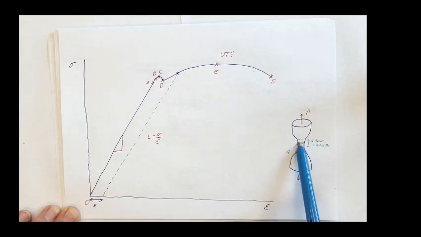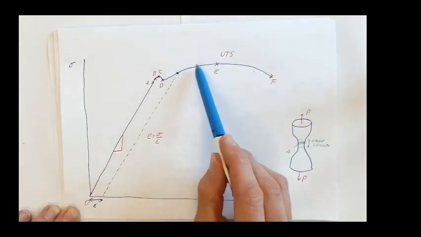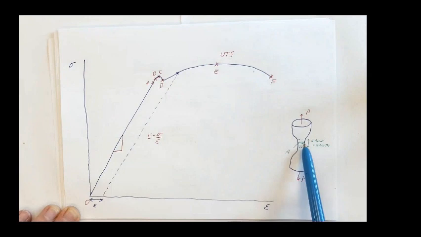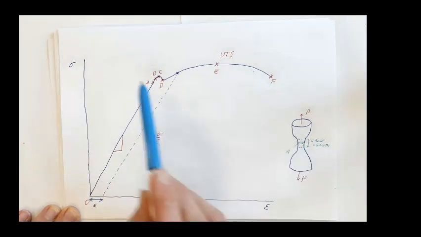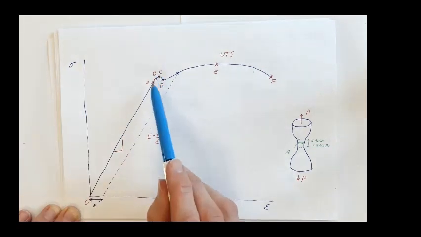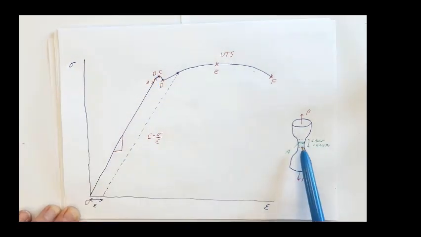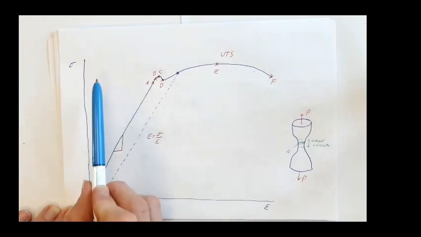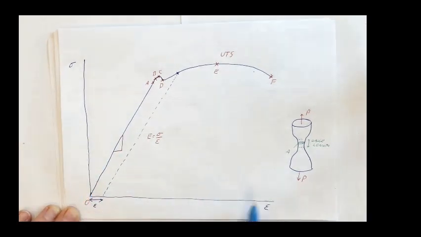When the part starts to neck, that area reduces, so the true stress is actually going to increase. For true stress, we take the true cross-sectional area. What we're looking at here is nominal stress against strain, or engineering stress against strain. A true stress against strain curve would look slightly different.